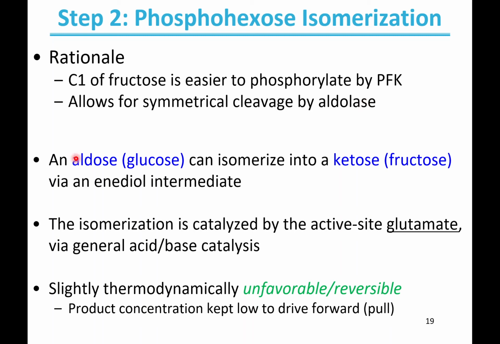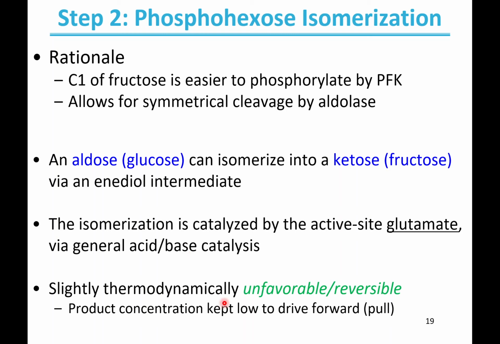As I mentioned, glucose is an aldose. They can isomerize into ketoses via an ene-diol intermediate, which we'll see here in a second. Okay, the isomerization is catalyzed by an active site glutamate, glutamic acid residue, via general acid-base catalysis. Okay, and again, we'll see that in the mechanism.